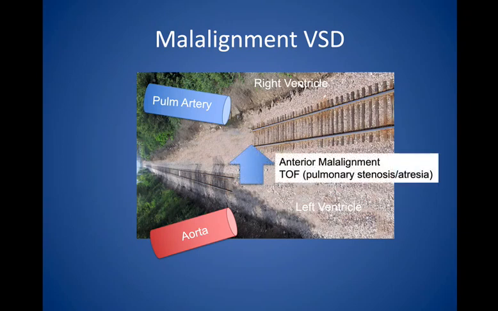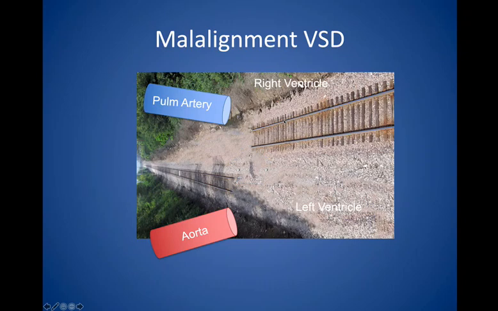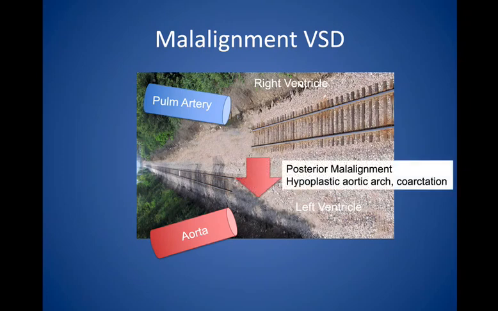So an anterior malalignment would result in pulmonary stenosis as that conotruncus gets smushed. And similarly, if we did the exact opposite, if you had a posterior malaligned defect, well, what would you see then? In a posterior malaligned defect, similarly as you're smushing it, you would see a hypoplastic arch or coarctation.